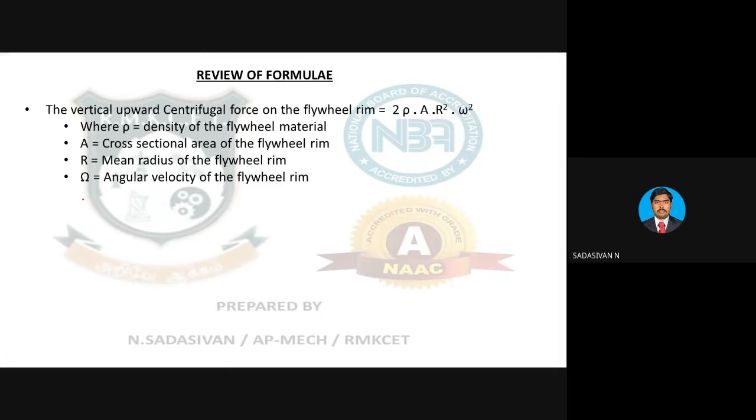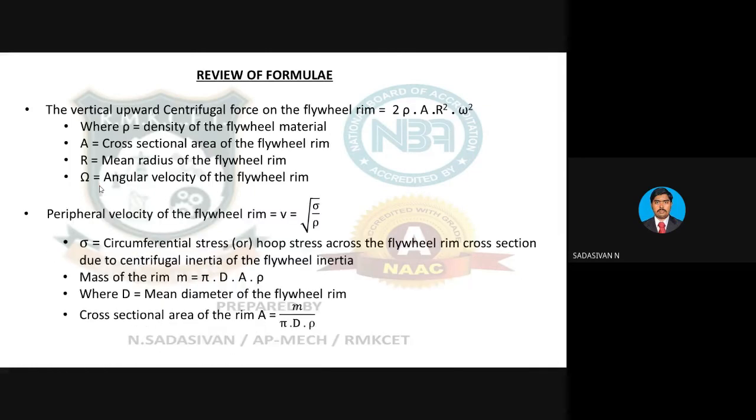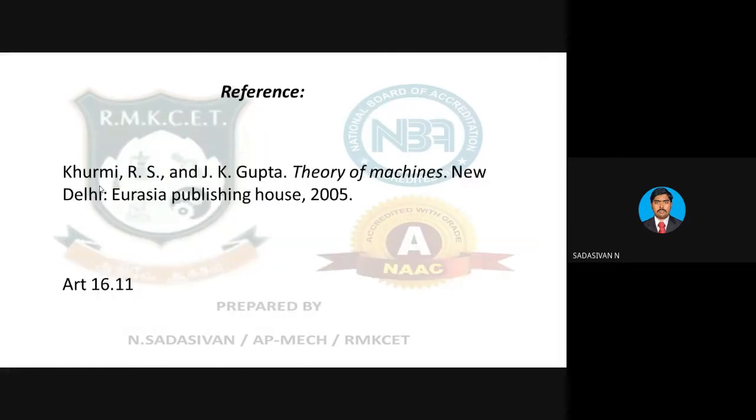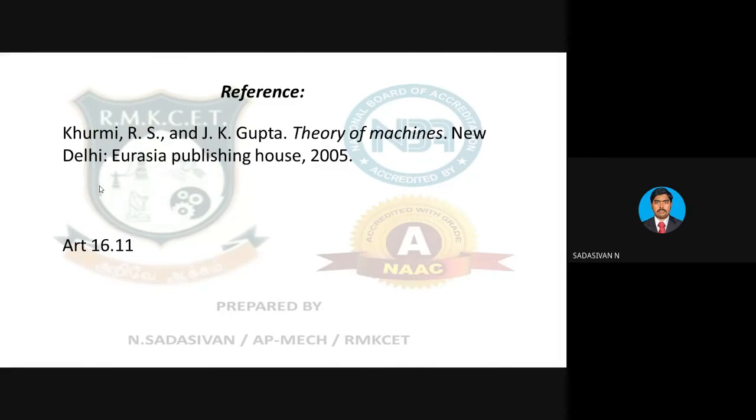This is small omega, which you are familiar with. So the peripheral velocity of the flywheel rim is V equals root of sigma by rho. Sigma is your hoop stress, rho is the material density. This is taken from section 16.11 of your Purmi textbook.